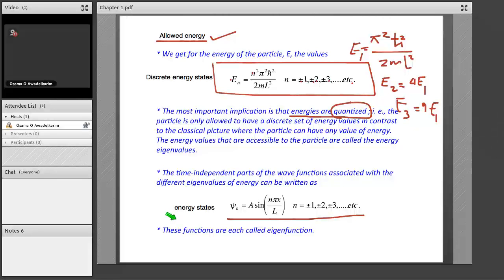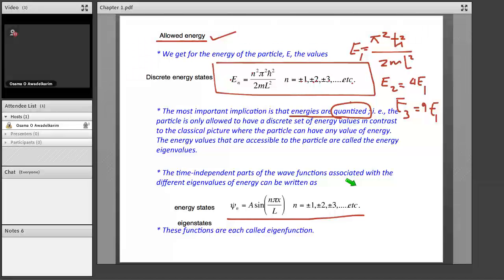Okay, eigenstates. These n = 1, 2, 3, etc., are called eigen numbers or quantum numbers, right? So n is called the quantum number, and it's only an integer.